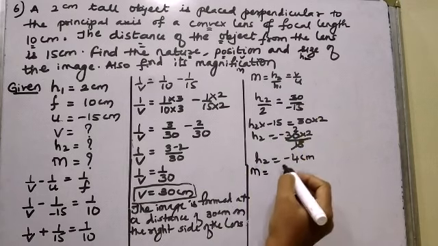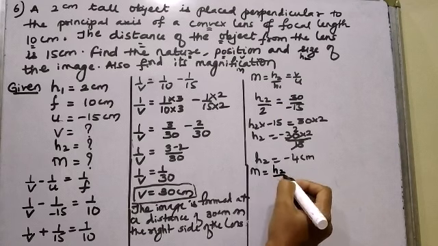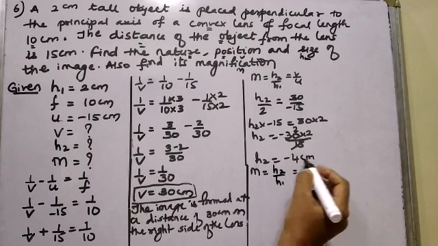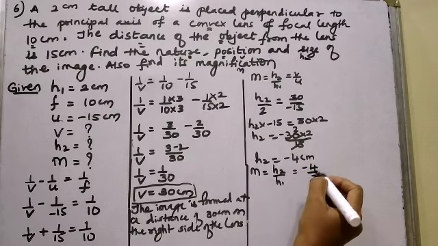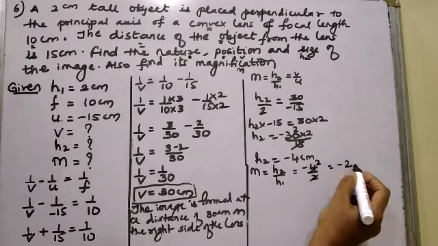So I can use any one formula for magnification now. Magnification is equal to H2 upon H1. How much is H2? Minus 4. How much is H1? 2. So magnification is equal to minus 2.